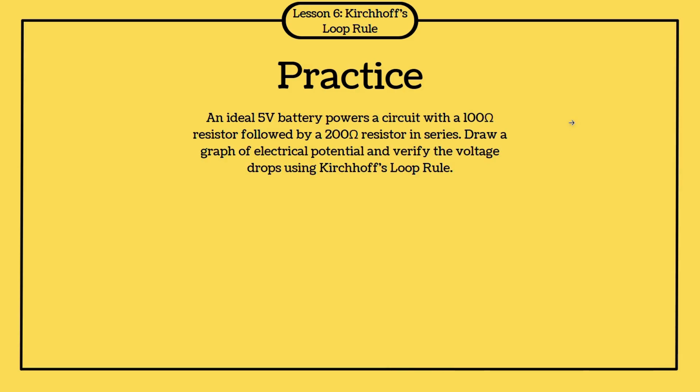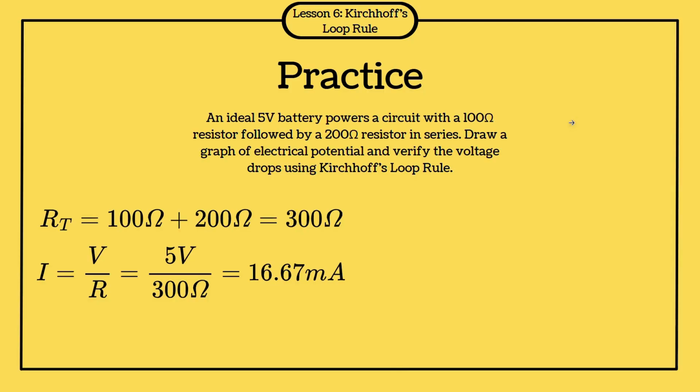Alright, you ready? Let's do this. Our first step is, of course, to find the equivalent resistance of these resistors, so that we can then use Ohm's law to calculate the current through the circuit and figure out the voltage drop at each resistor. Since these are in series, this is a pretty simple calculation of just adding the two resistances, giving us a total equivalent resistance of 300 ohms.